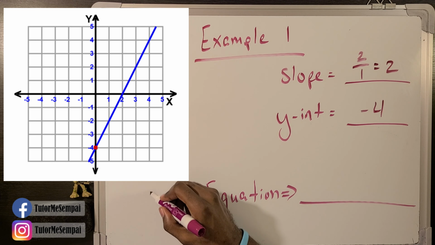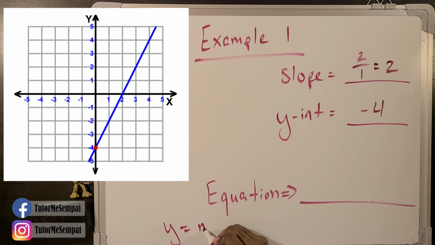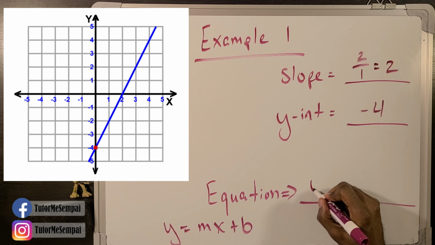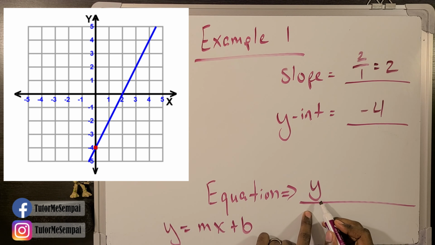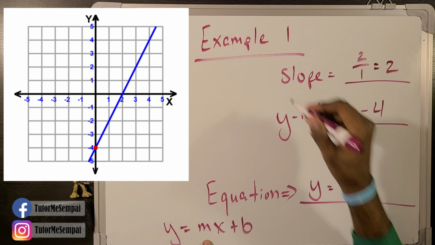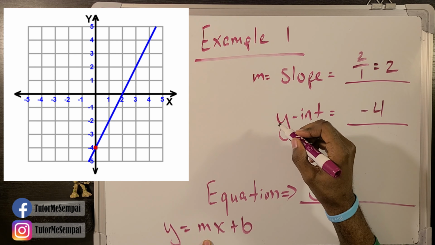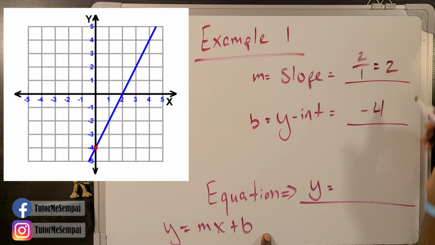And remember, you have y equals mx plus b for your slope-intercept form. Now you can just plug in your unknowns and you have your equation. An equation means that you have to have an equal sign. So make sure you write your y, you write your equal, and then your m, or slope, is going to be what? 2.